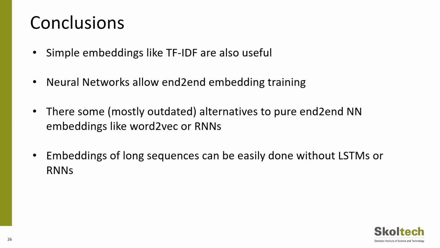Also, we can try to apply similar approaches when we embed very long sequences or sentences. Again, if you have some embeddings, for example from Word2Vec, we can use them to get embeddings of large texts. Also, if you have neural networks, we can do end-to-end embedding training, and I like it very much, and it really works well.